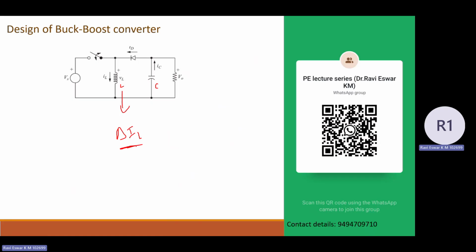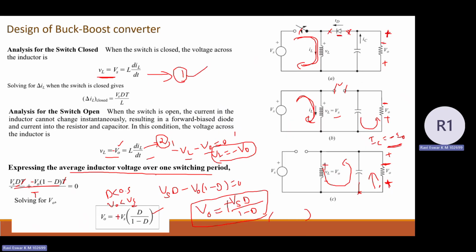This del I comes from the KVL equation of voltage across the inductor. You write a KVL equation and get the voltage across the inductor. From here you can get del I, and from this particular equation, you can design the value of L. That I am going to show you now.